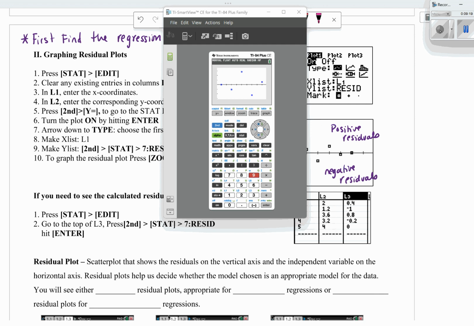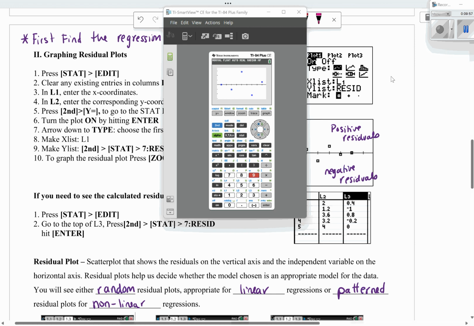So you will either see a random residual plot, which is appropriate for linear regressions, or a pattern residual plot for nonlinear regressions. We're looking to see basically if we don't really have a pattern, and that our points look like they're as much above the line as they are below, and we don't have any really big outliers on our graph.